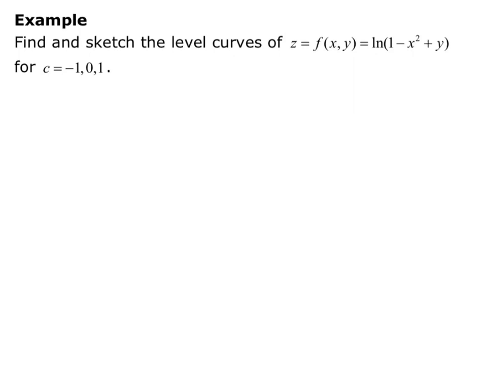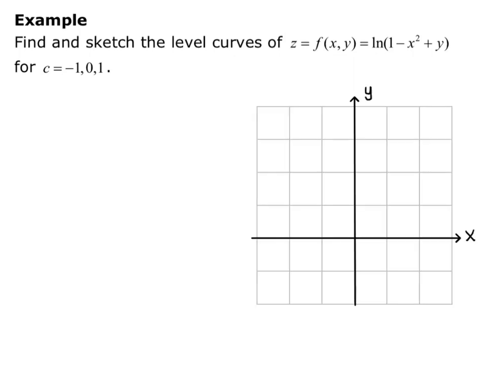I'll start by getting my xy grid ready. Now, let's start with c equals -1. Remember, the c value replaces z, so this gives us natural log of 1 minus x squared plus y equals -1. Now, how do I get rid of the natural log?